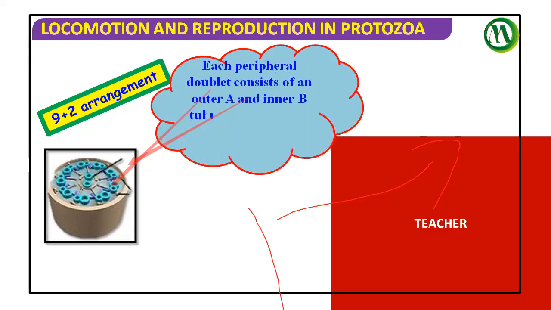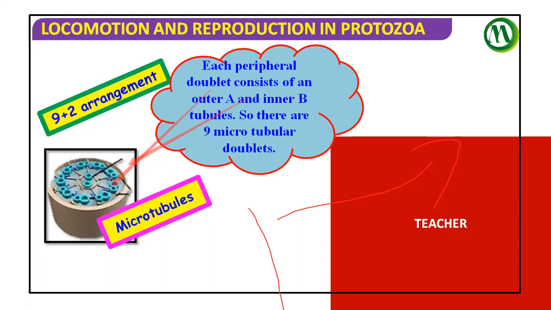Each peripheral doublet consists of an outer A and an inner B. In every microtubular doublet there are two microtubules, which are named the A microtubule and the B microtubule.